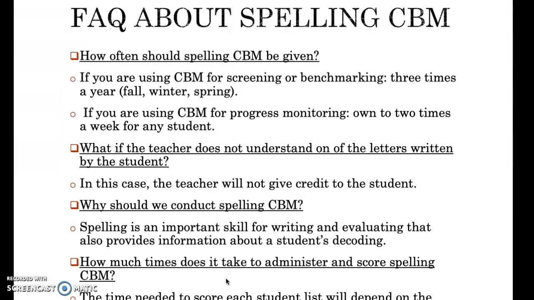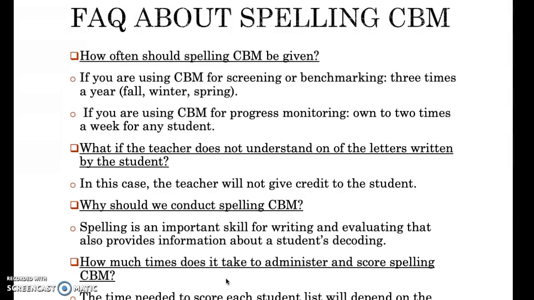So, some frequently asked questions about spelling CBM. How often should spelling CBM be given? If you're using CBM for screening or benchmarking, 3 times a year: fall, winter, and spring. If you're using CBM for progress monitoring, 2 times a week for any student.